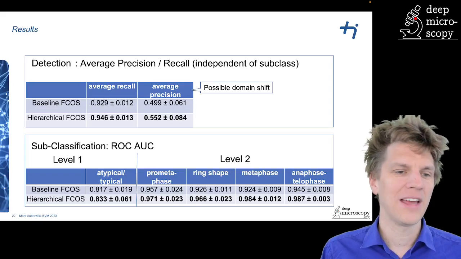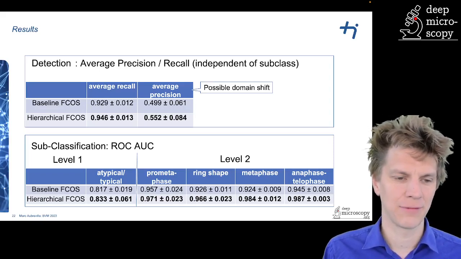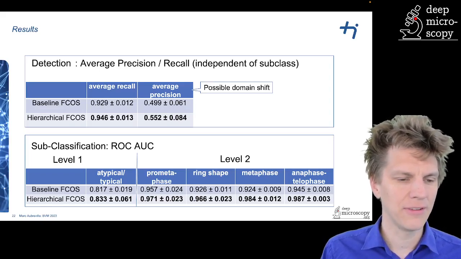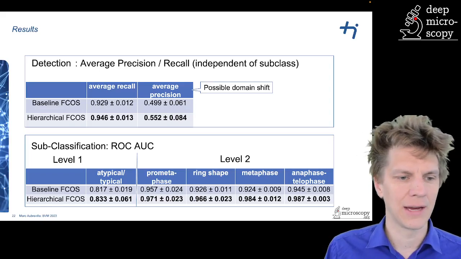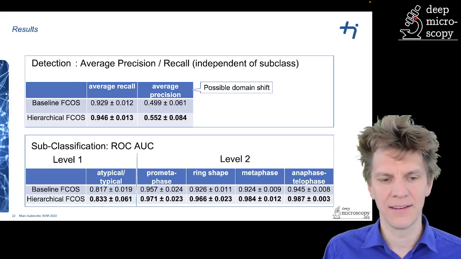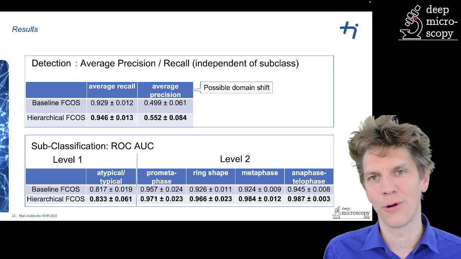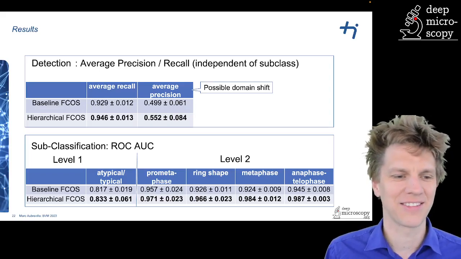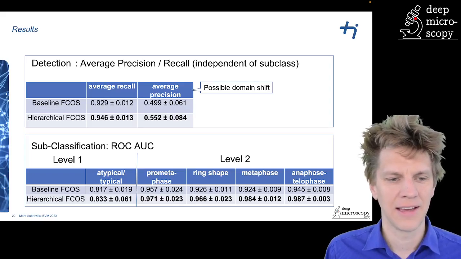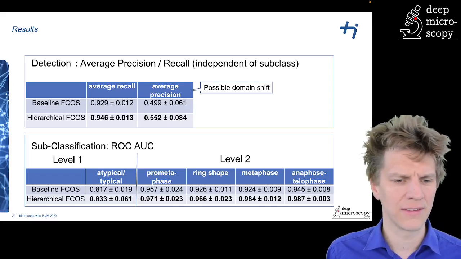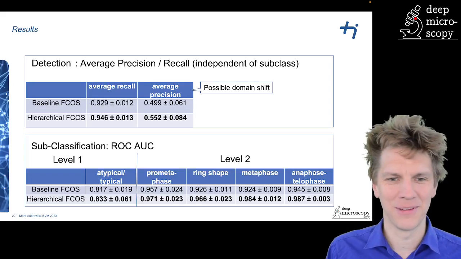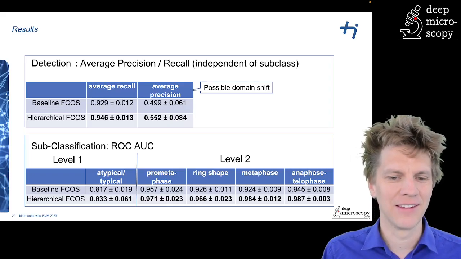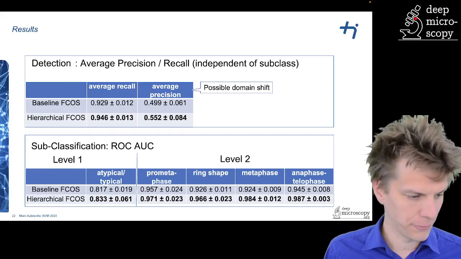Then we have the other question of subclassification, and here we have AUC values of 0.88 for the hierarchical approach, which exceeds the baseline, and actually exceeds all the other tasks as well. The hierarchical approach exceeds it over, I think, 5 or 10 runs. I'm not quite sure, to be honest, how many we did. I think I wrote it in the paper, where you can see the mean and standard deviation.